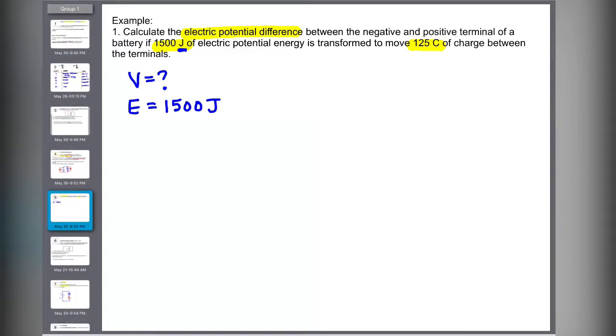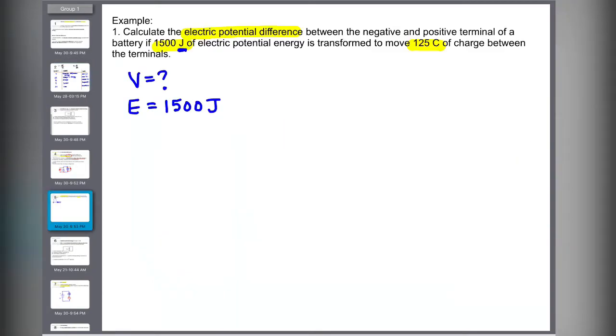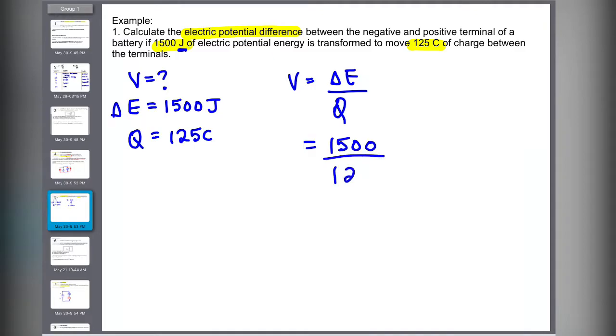If you go back to the chart, what's measured in coulombs? Coulombs is measuring charge, which is Q. So they also gave you Q is 125 coulombs. And do the calculation. So delta E, sorry I missed the delta, the change in energy, over Q. So 1500 divided by 125.